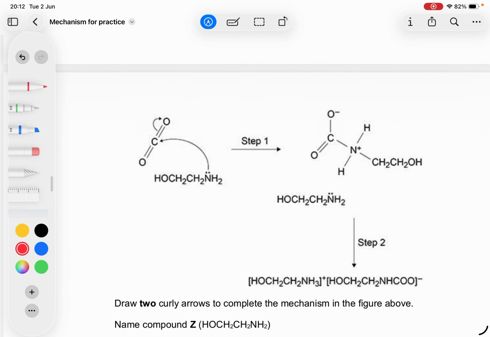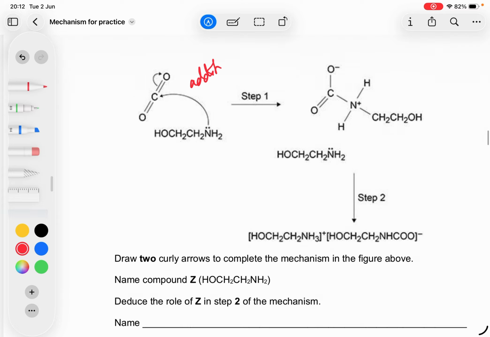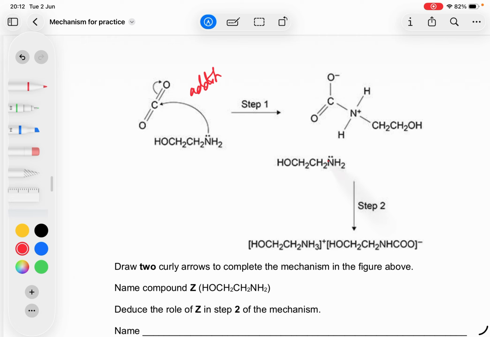Now this is very common in AQA now. They're giving you bits of the mechanisms which you really do need to know. So here, this is addition. So this one is like nucleophilic addition elimination. And what happens now is the lone pair on the nitrogen.